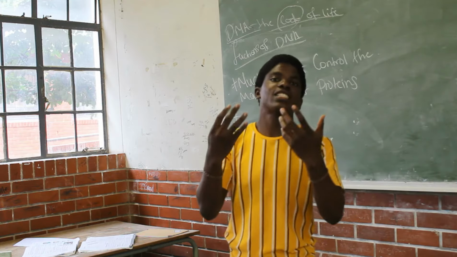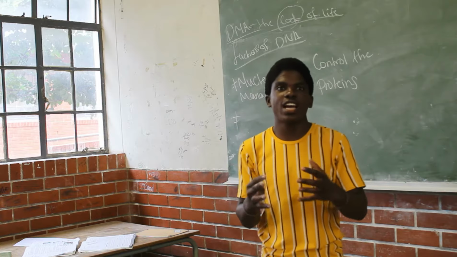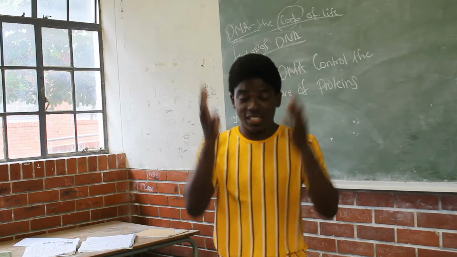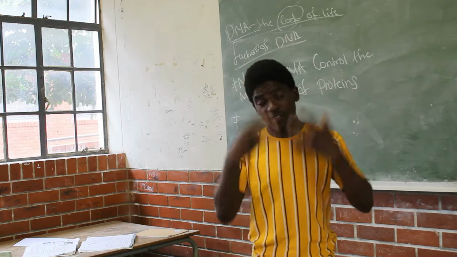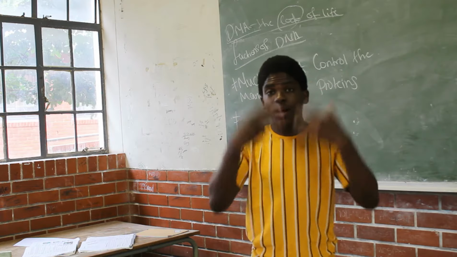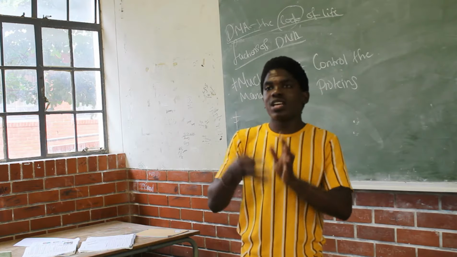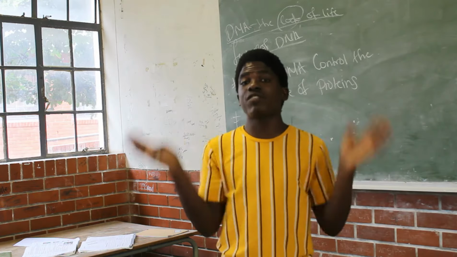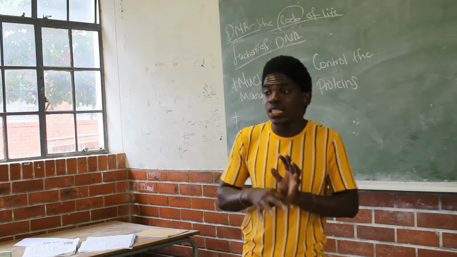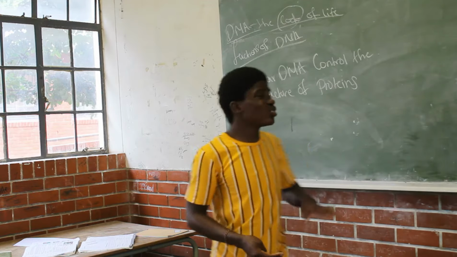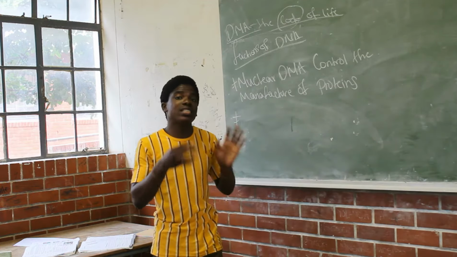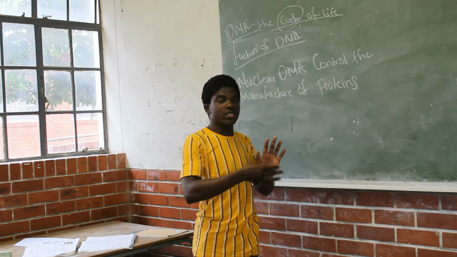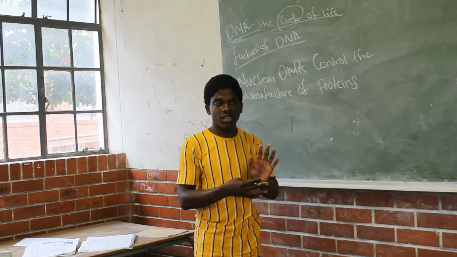I have dark skin, I have wrinkled hair, whatever characteristics appear on my phenotype or physical appearance, or my internal structures, that is because of my parents. So DNA is able to transmit those hereditary characteristics.